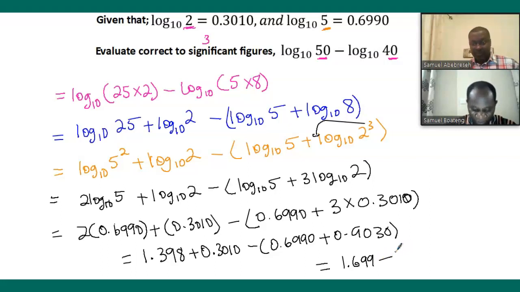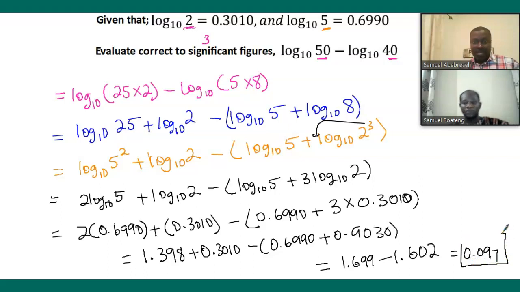So you get 1.602. This is equal to, when you subtract 1.699, 0.097. So that will be your answer.